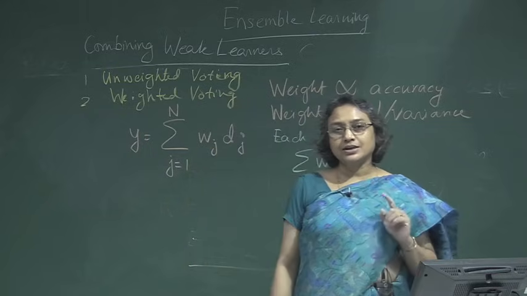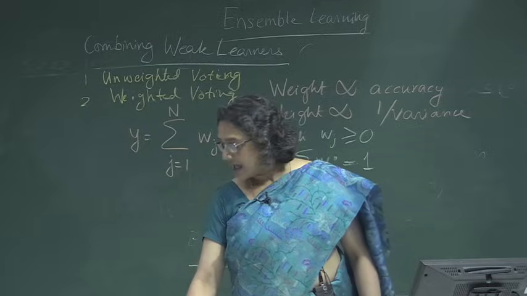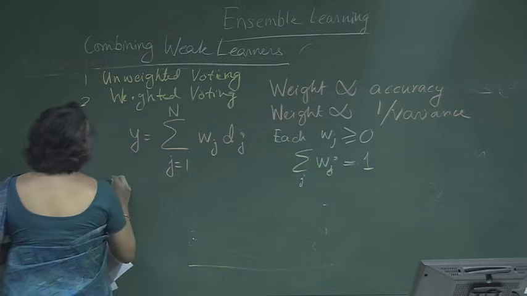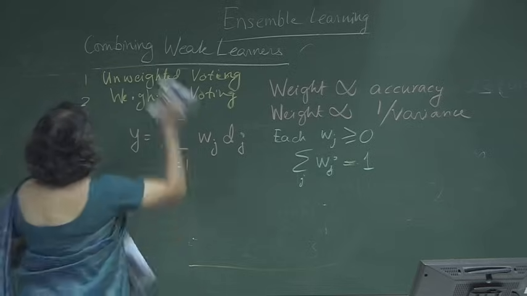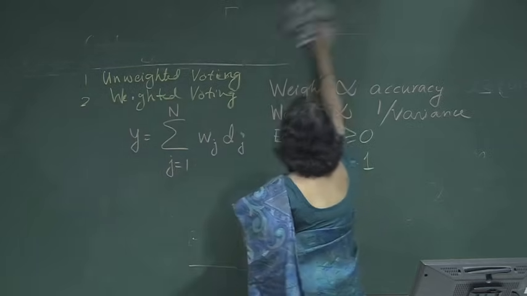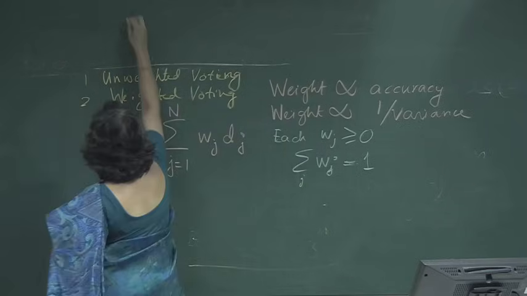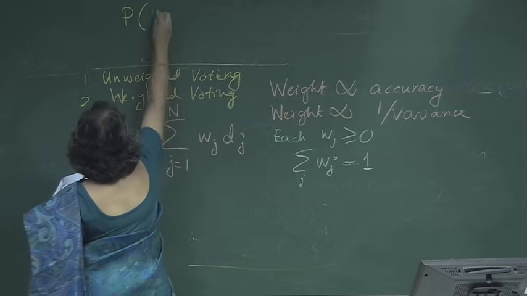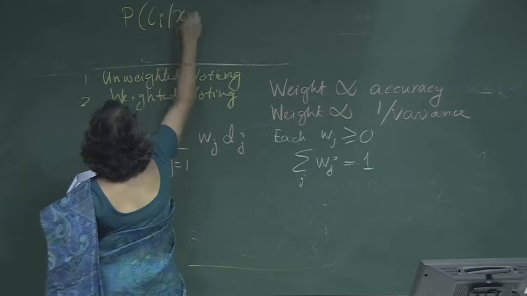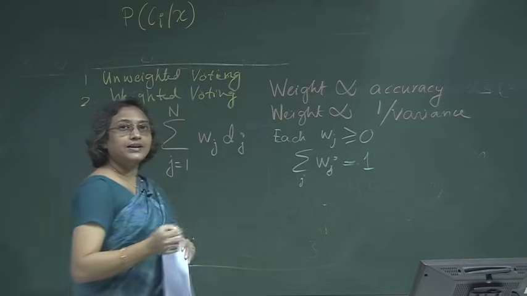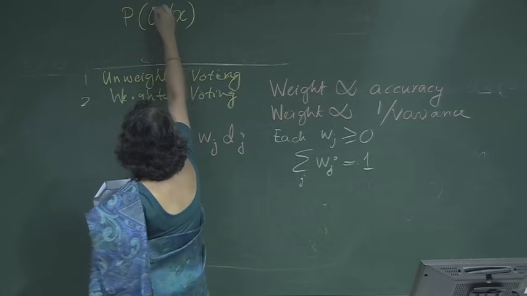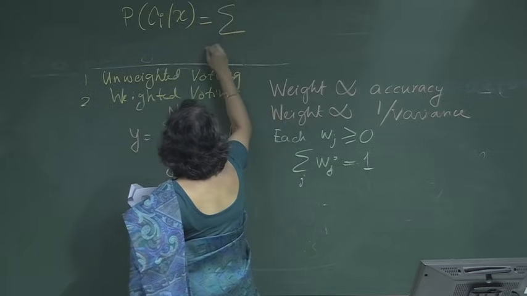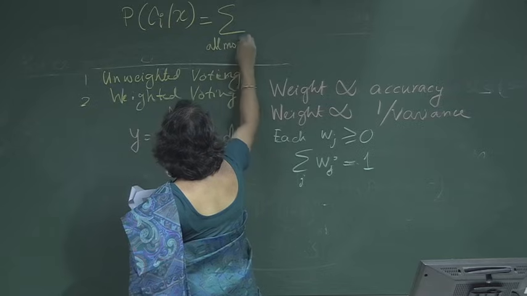Now, we have talked about Bayesian learning earlier in the class, and we have seen that in Bayesian learning, we take the probability of Ci given x, where Ci is class i and x is a particular training example, to be equal to sigma over all possible models.